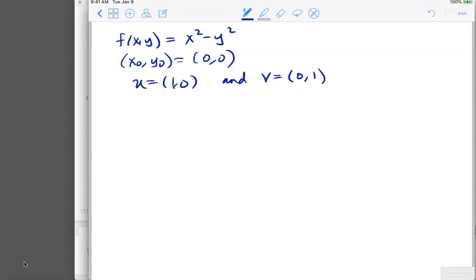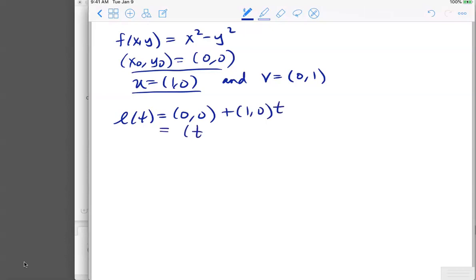Remember that once you have a point and a direction, we can create a line. That line will go through the point 0, 0, and it will point in the direction 1, 0, and then we'll multiply by t. So that leads us to the line t comma 0.